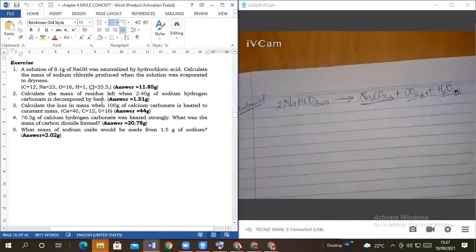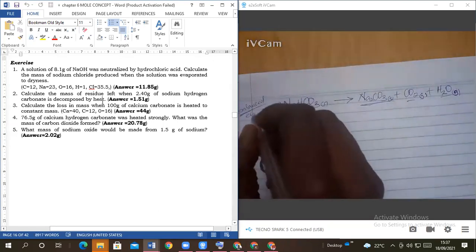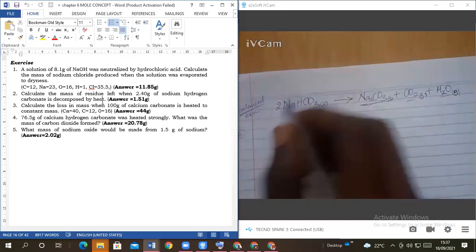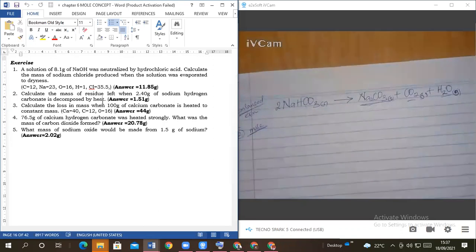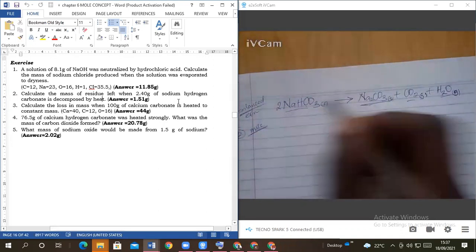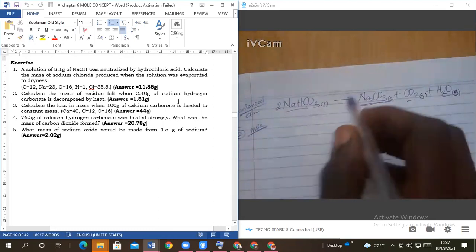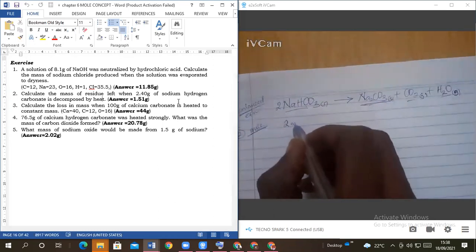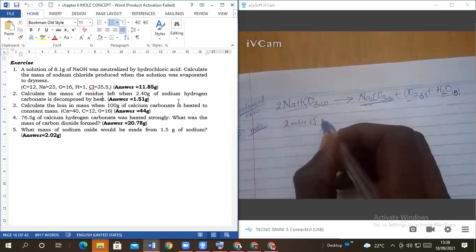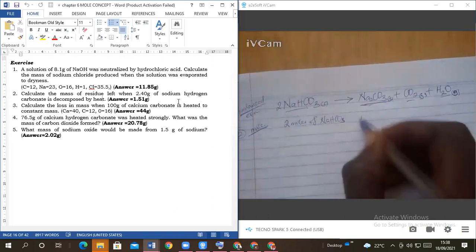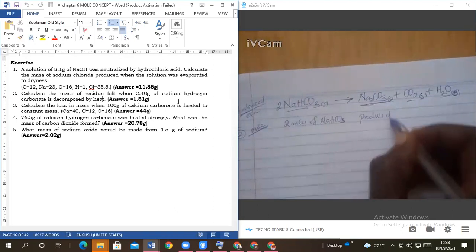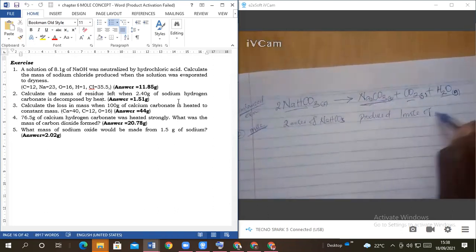Step 1 is a well-balanced equation. Step 2 says write the moles that concern the question. In our question, we have sodium hydrogen carbonate and the residue. Now, you say 2 moles of sodium hydrogen carbonate produced 1 mole of sodium carbonate.